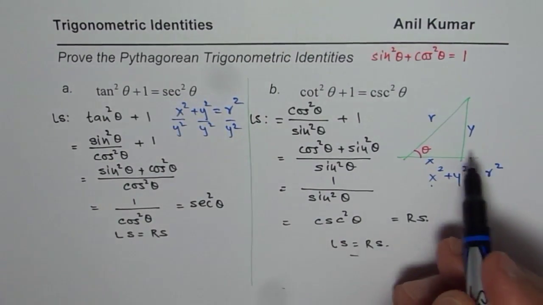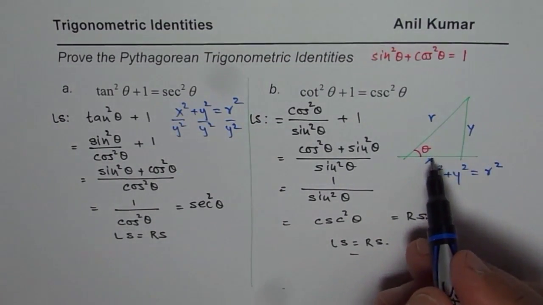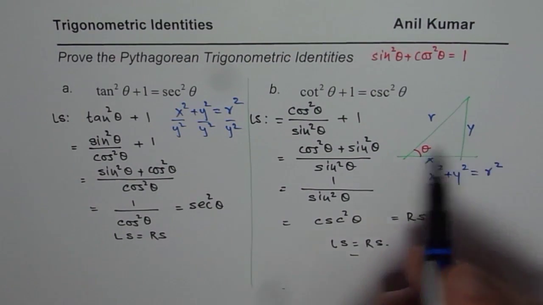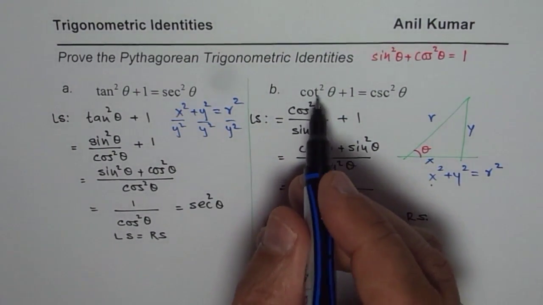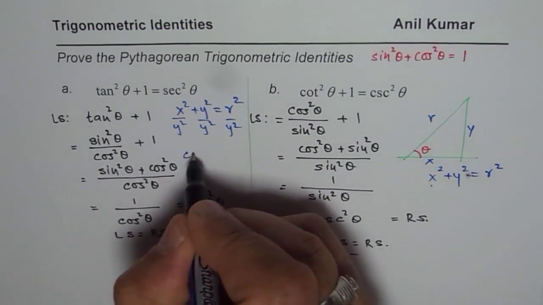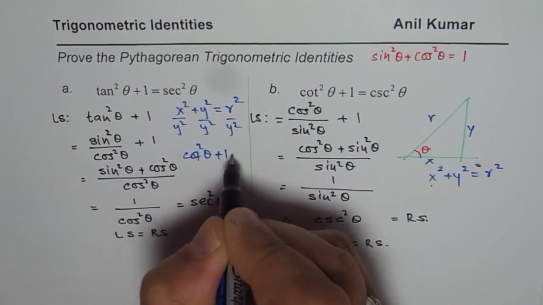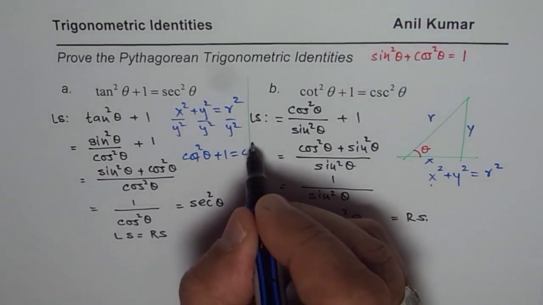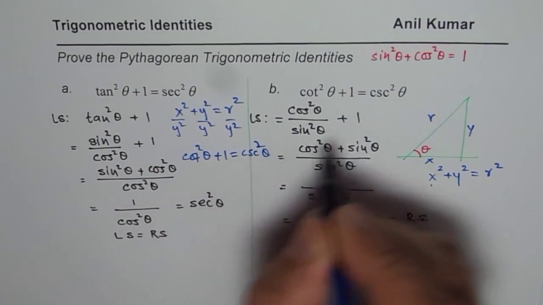X over y is what? X over y is cotangent, right? So if I divide by y square, I get cot square theta plus 1 equals r over y squared, which is cosecant square theta. So we proved this one.